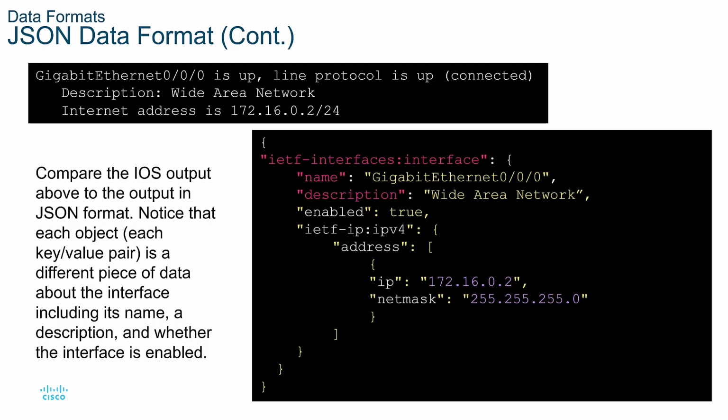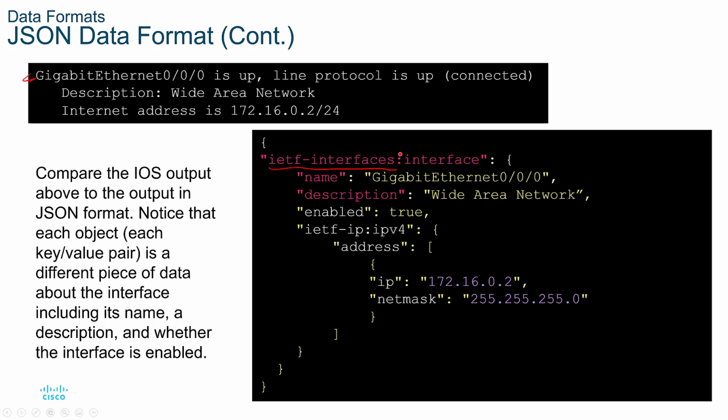Notice that each object has a key value pair. It's a different piece of data about the interface, but it's more about the formatting. So this is the interface. What we identify the interface.